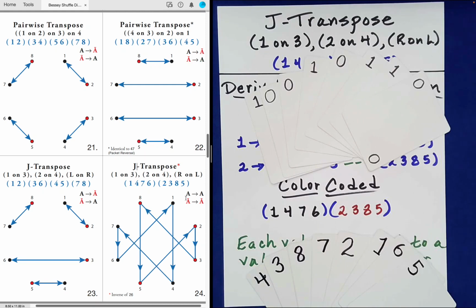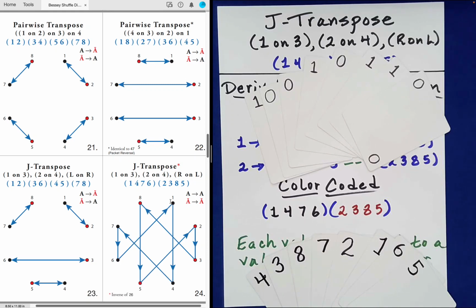Now the shuffle diagram looks like this. 1 goes to 4, 4 goes to 7, 7 goes to 6, and then 6 goes back to 1. So 1 goes down here to 4, 4 goes up to 7, 7 goes down to 6, 6 goes way over here to 1, and that completes that 4 cycle.